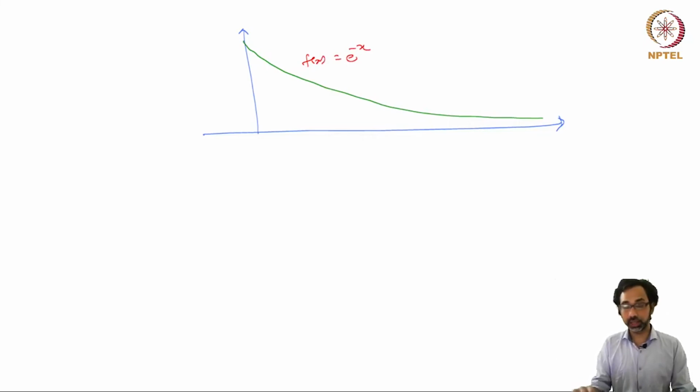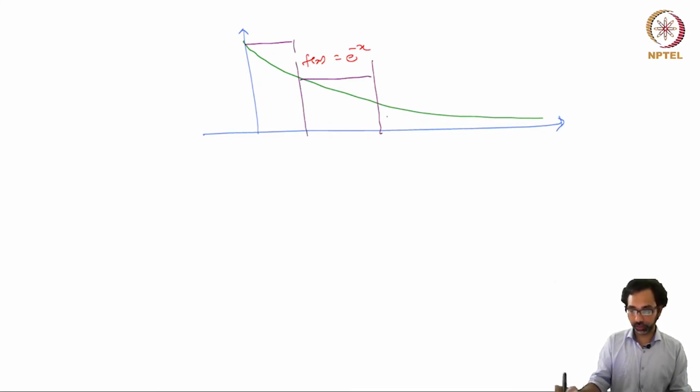We know that this can be integrated over the positive real line, but if you want to define it via the upper Lebesgue integral, then because we have only finitely many choices for the simple functions, we can define it like this here, like this here, like this here, and so on. But at some point we have to cover an infinite portion of the real line with a finite value.